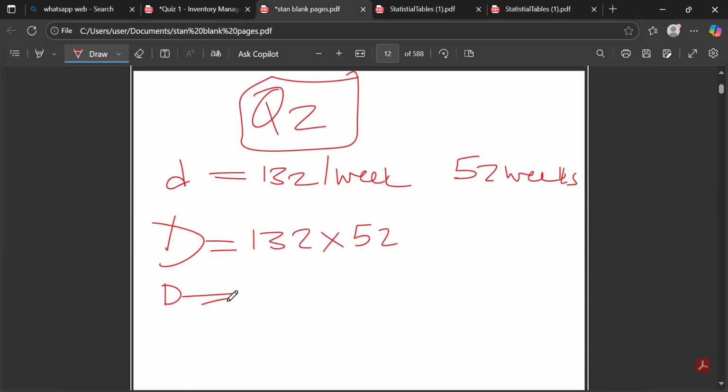What does our demand give us? 132 multiplied by 52 gives 6864.